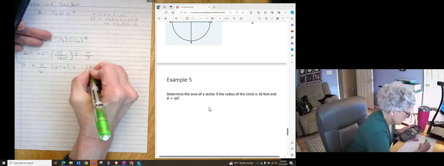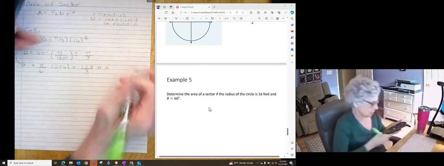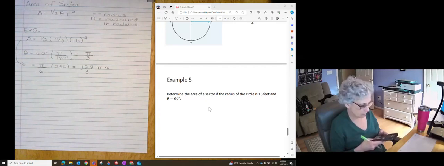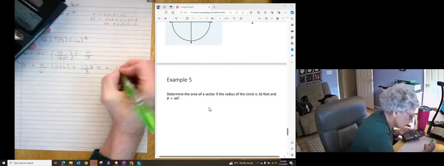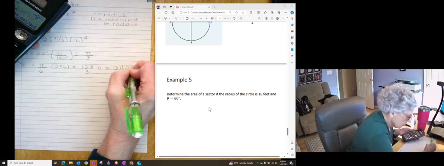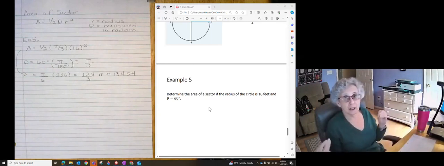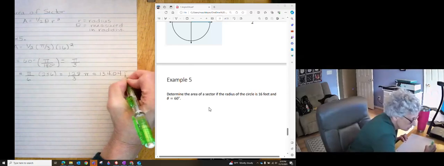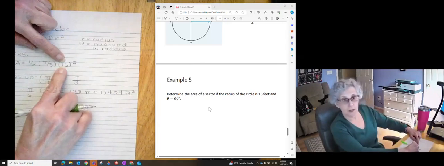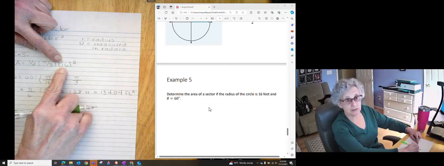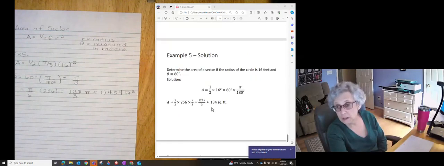So it's 128 over 3 times pi, which is approximately equal to 134.04. Now what are my units? This is area, so it's going to be square feet. And the way you can remember that is this radius is 16 feet. You have 16 feet squared, so your answer is going to have feet squared.